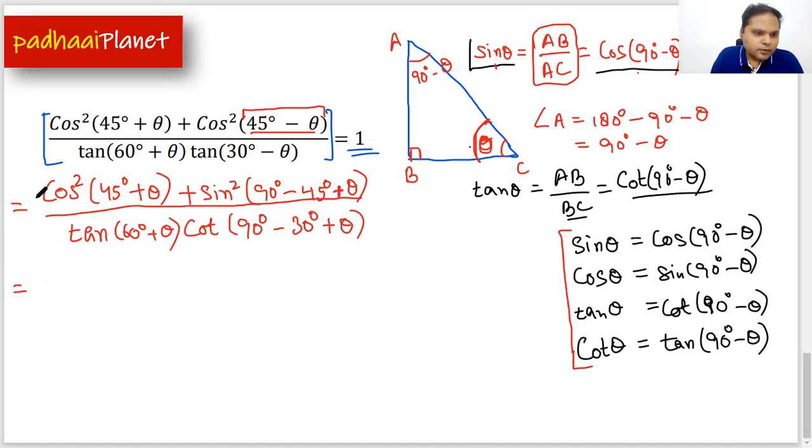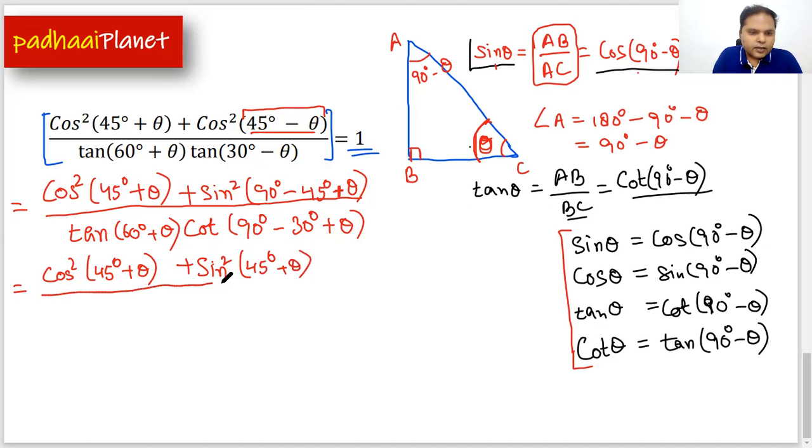Now we'll further simplify it and write cos squared 45 degree plus theta plus sine squared. Here from 90 we subtract 45 and what we get is 45, so that becomes 45 degree plus theta, divided by, we copy the same thing down, tan 60 degree plus theta.